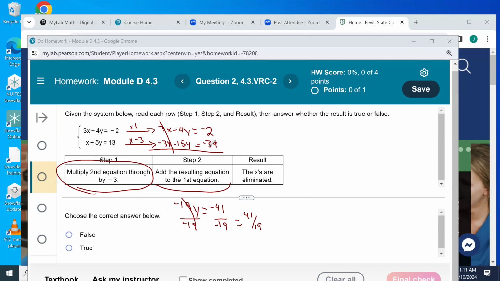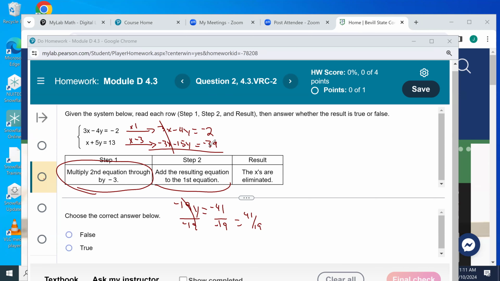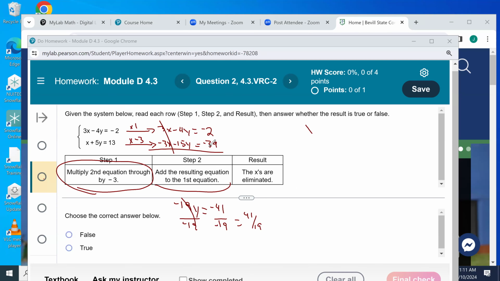One other thing that came up on Monday was when I do substitution, things could happen. You might get x equals 3, which means the lines crossed at x equals 3. What else could happen?